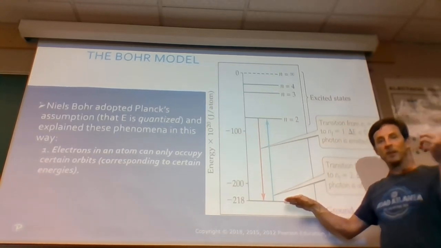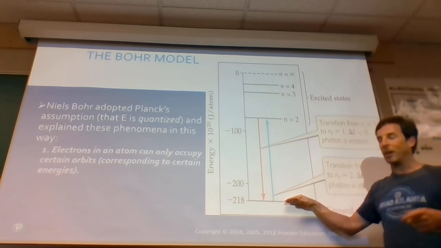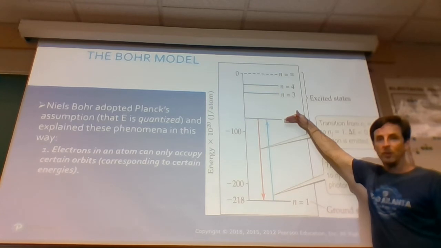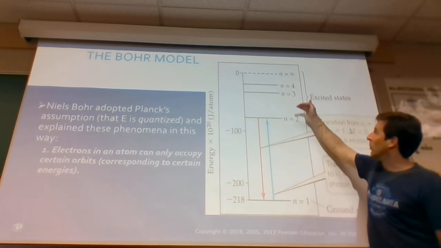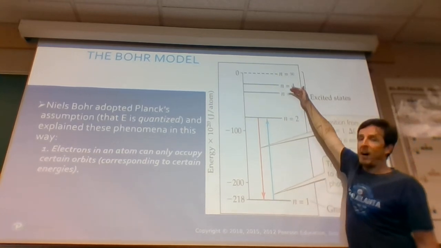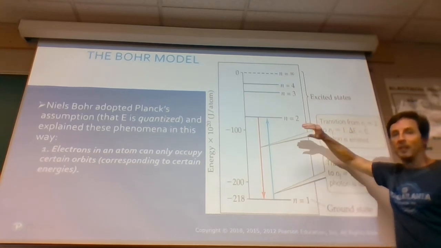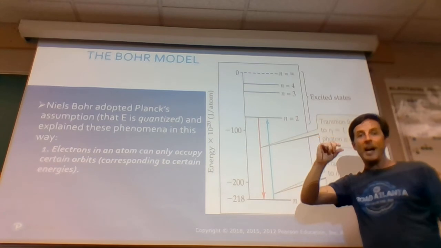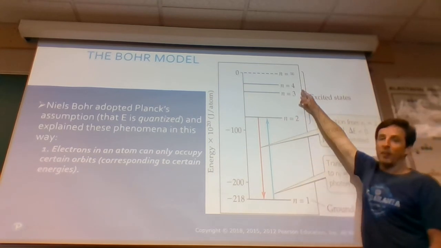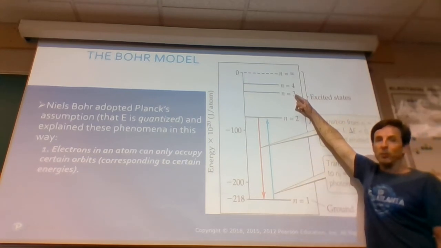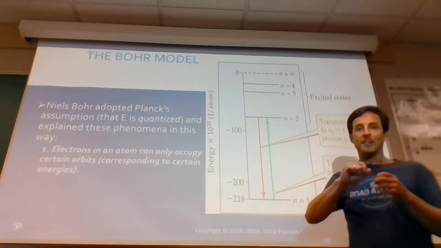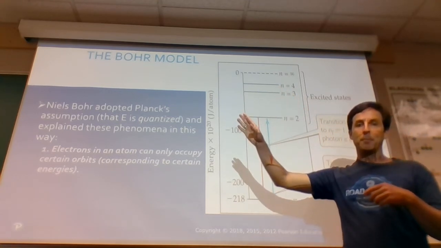And then if we give it some energy, we can make the electron jump into the second orbit, n equals 2. Or if we give it more, we can get it to n equals 3, n equals 4, n equals 5. As you notice, as we go to higher energy levels, they actually get closer together. And there are an infinite number of energy levels that you can go to, although if you go above the dotted line, that's where the electron has enough energy to escape the atom.